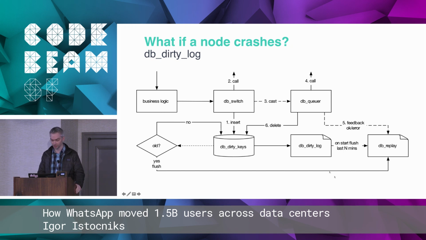The way we did this was by introducing the DB dirty log module. Every time we inserted a key into the adds table, we also wrote it into the log. When a node starts and sees this log file, it flushes the last 5 minutes of keys that were added there to the DB replay. Make sense? Again, the same properties apply because the operation is idempotent. It's fine to repair what has been repaired already.